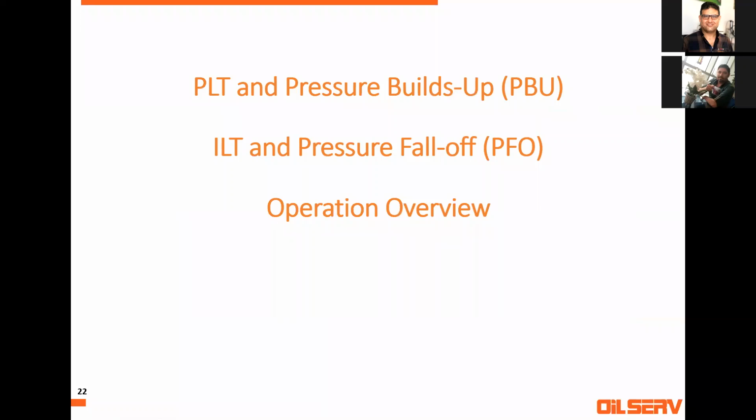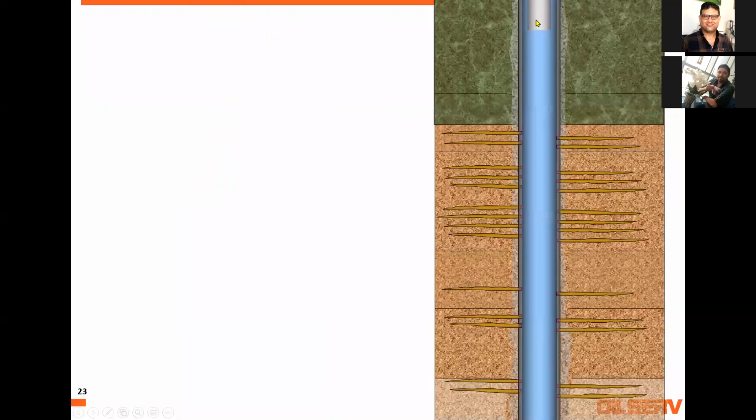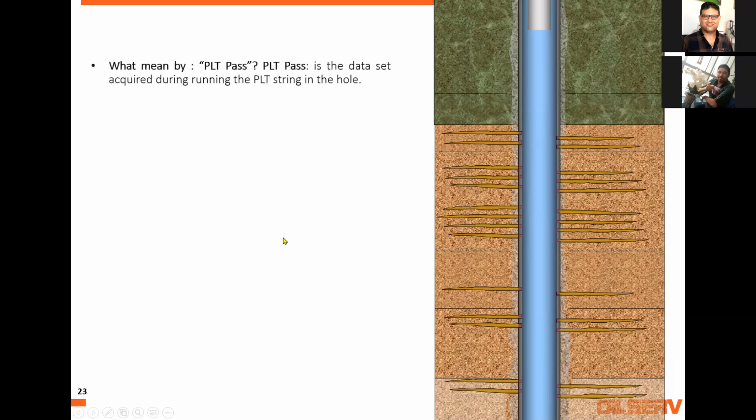So what do we mean by production logging and pressure buildup operation? What do we do in the field? This is our well, which has been perforated. There is a casing and a cement, and the well has been perforated in several zones. So what do we mean by a PLT pass?